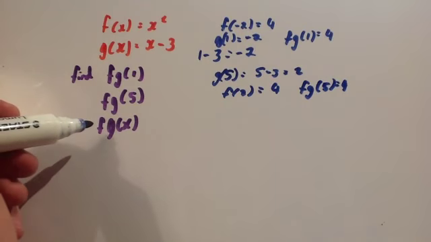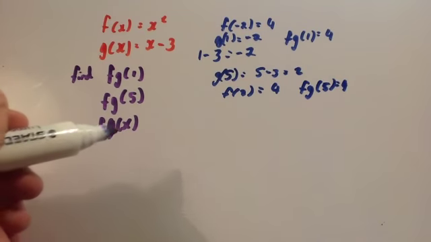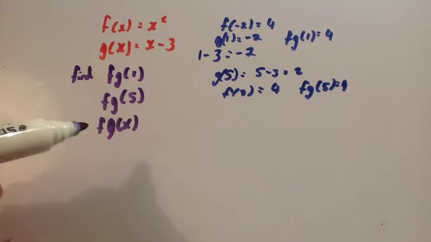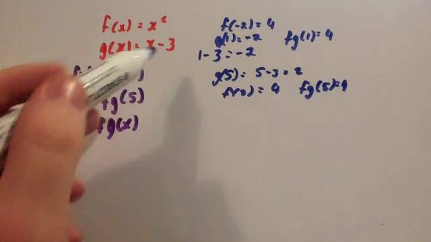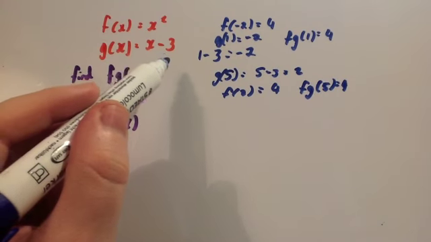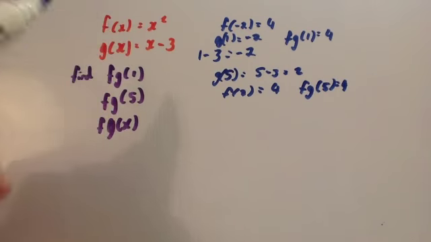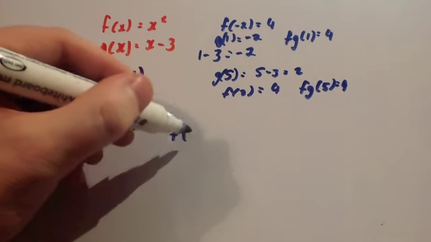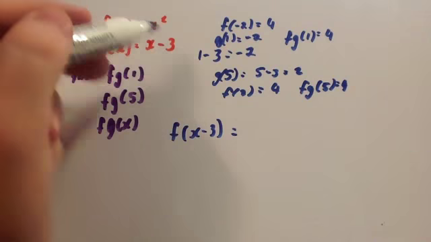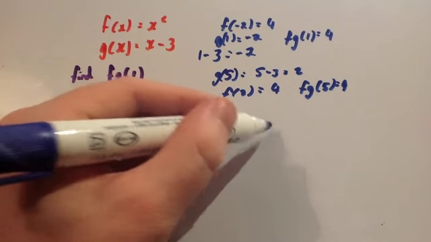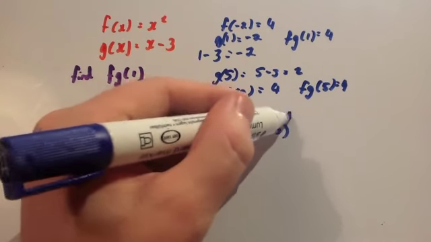And finally it says find fg of x. So we're going to put g of x into f of x. So our g of x is x minus 3. So I'm going to put x minus 3 into f of x. So I'm going to do f of x minus 3. So it's going to be, putting it in and replacing the x, x minus 3 squared.